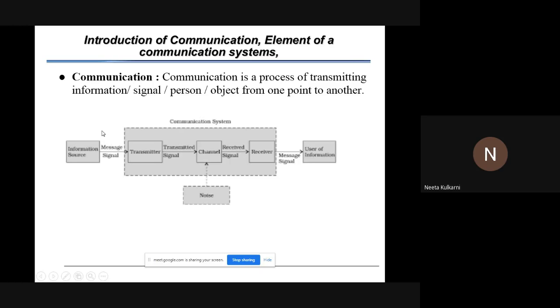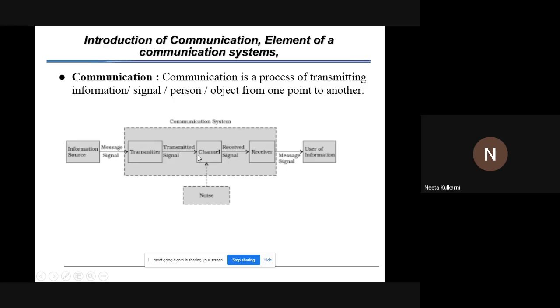Which two types? Analog and digital. So here you consider any electrical signal. Suppose we are transmitting an analog signal. If there is no modulation, where do we directly give the output of the information source? To the channel.